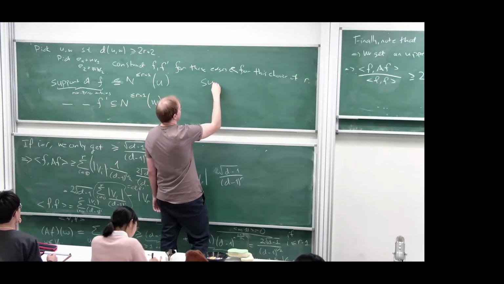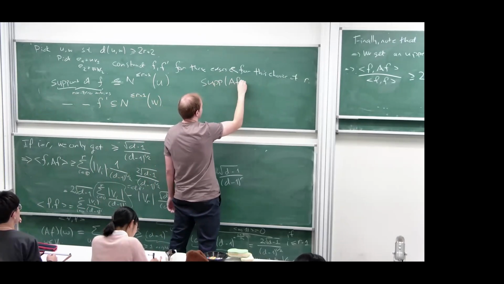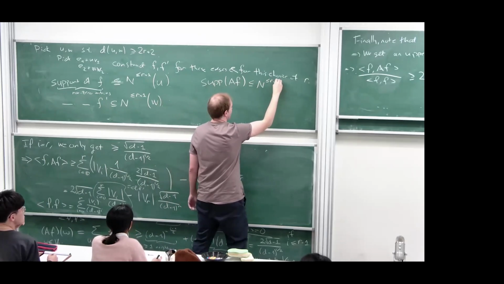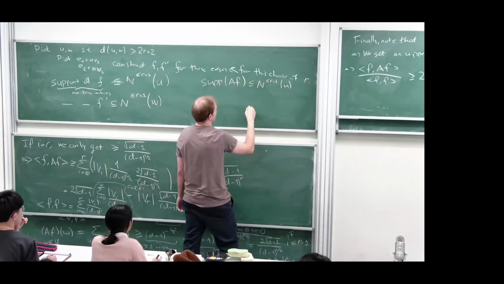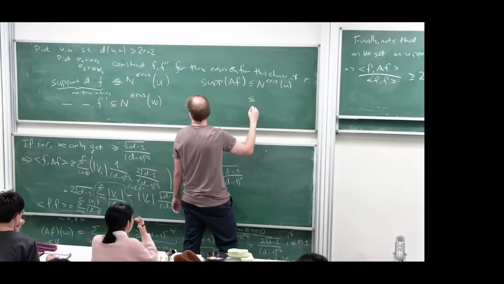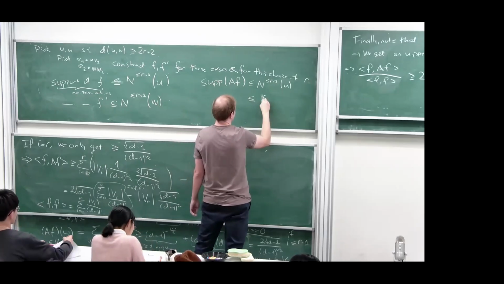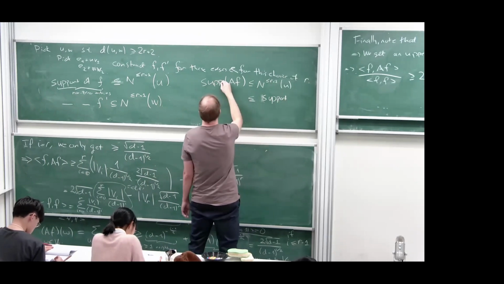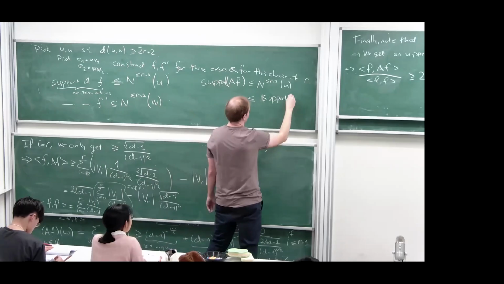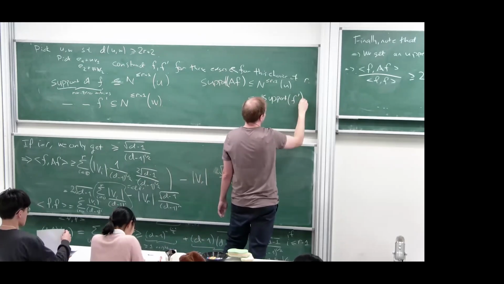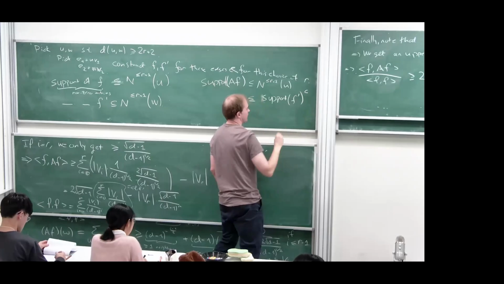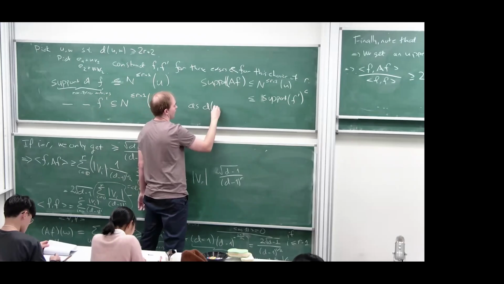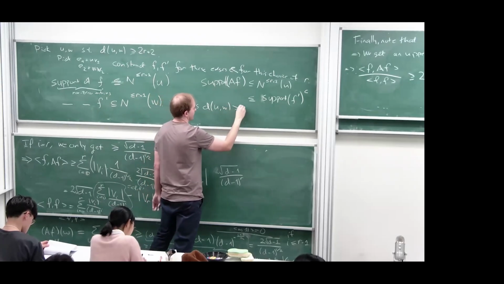So if we take the support of Af, it's contained in one more neighborhood of U. And this is disjoint from the support of f prime, as the distance between U and W is strictly greater than 2r plus 2.